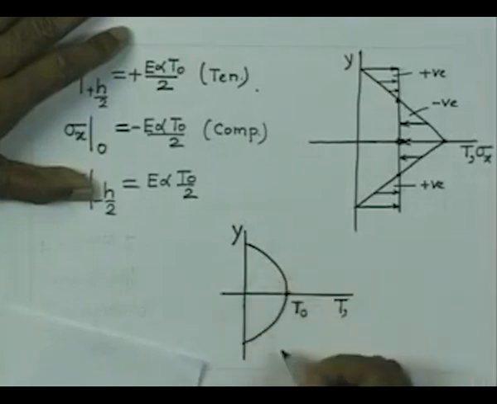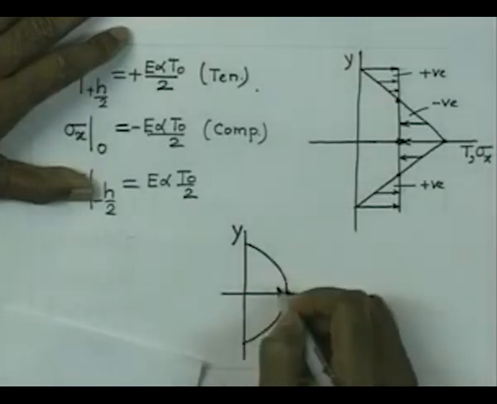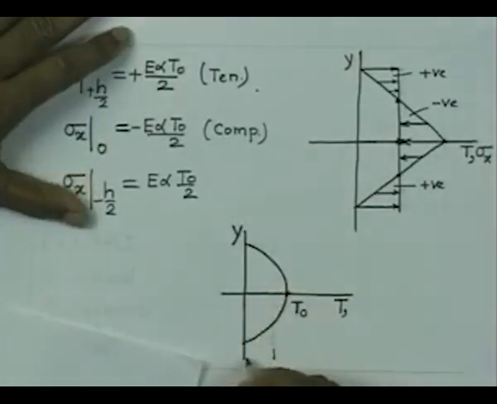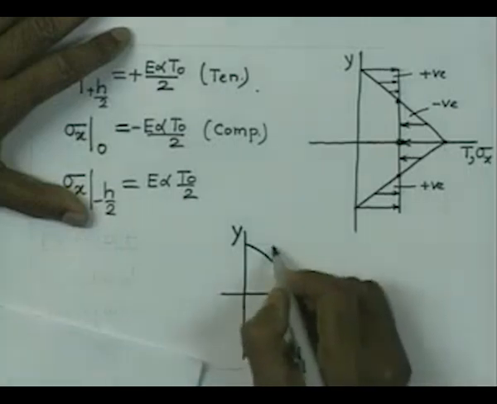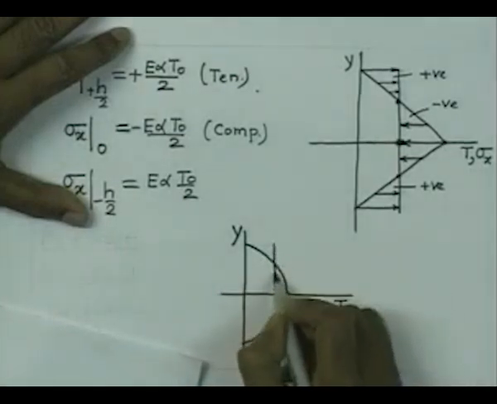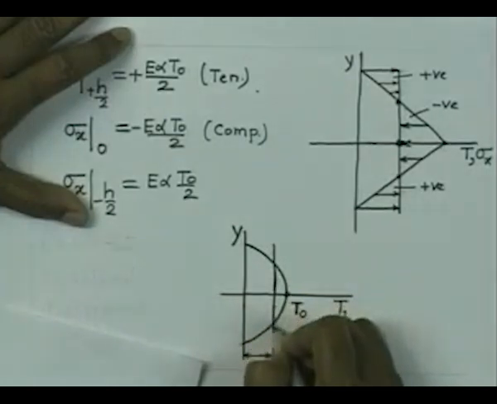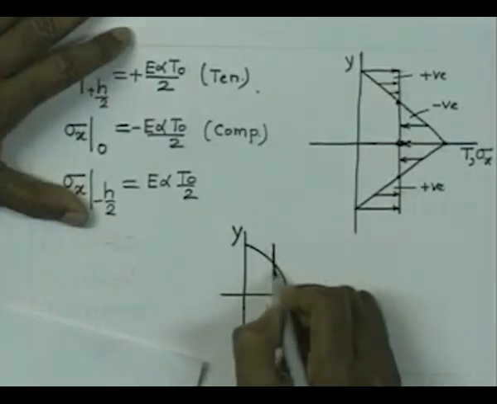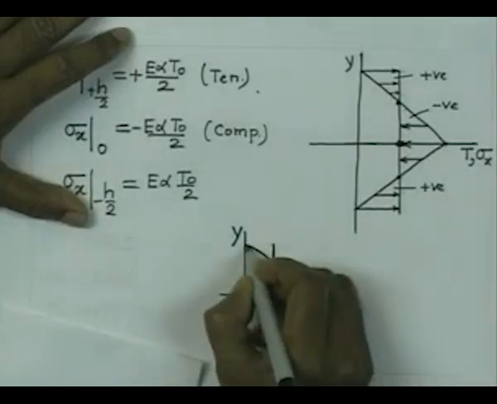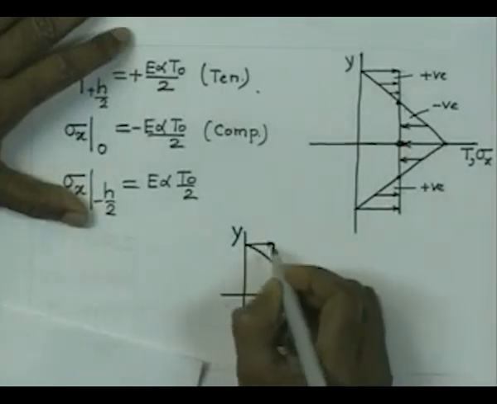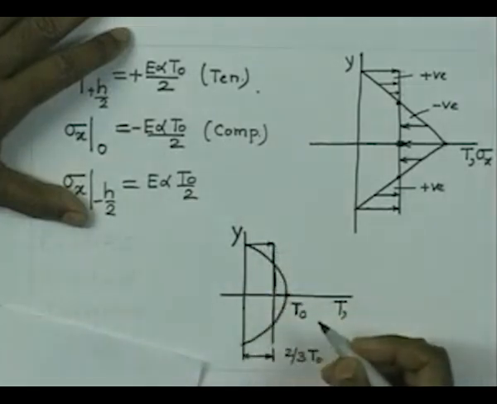Now, the average value of the temperature in this case is nothing but 2/3 T0. So, if we draw a line here at a distance of 2/3 T0 from the origin, then this is going to give us the order of magnitude of the stresses at the outer fiber.